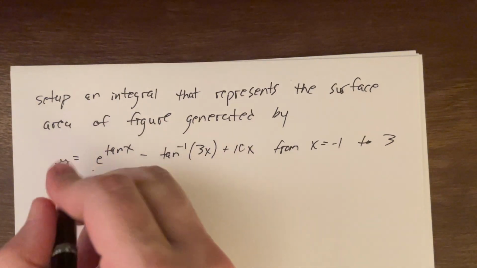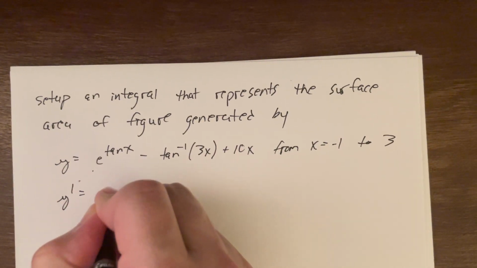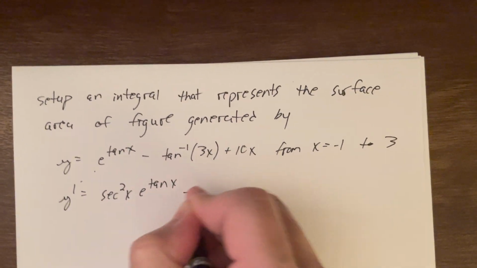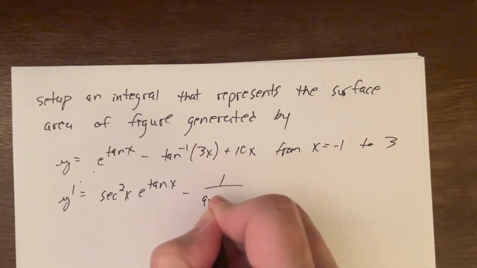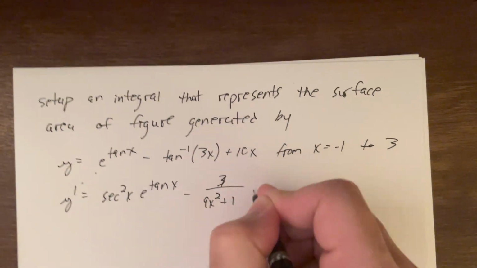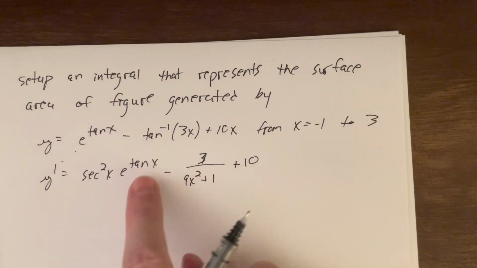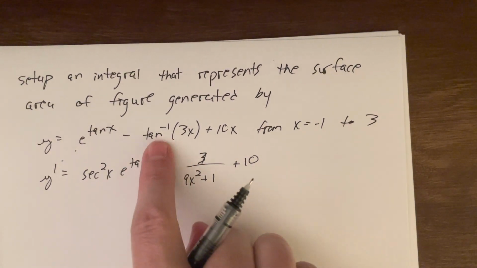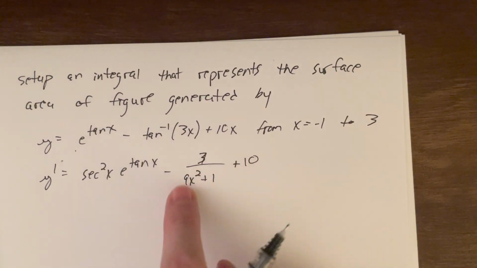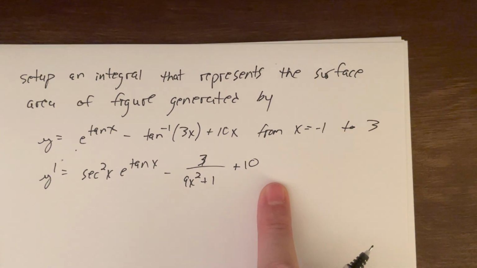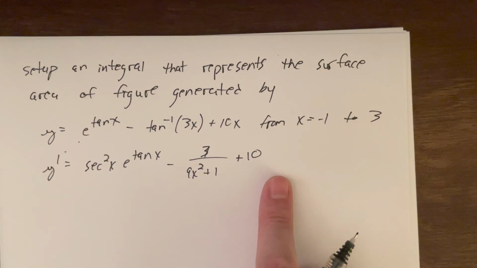So I already have my original y, the derivative, I did that a little quickly, but that's an e to the u du. Inverse tan u, 1 over u squared plus 1 times du. So I just did that a little quickly, but all that work, this looks pretty ugly.